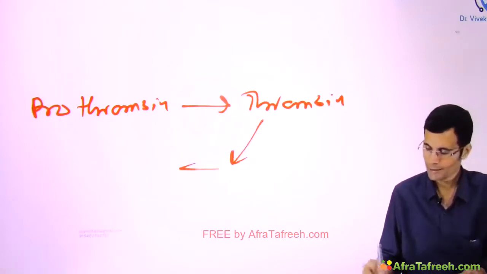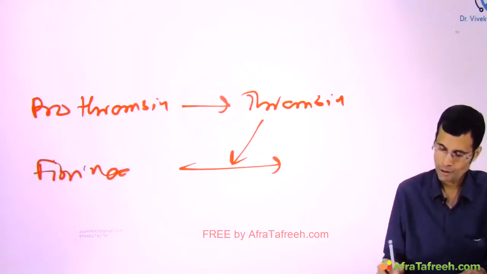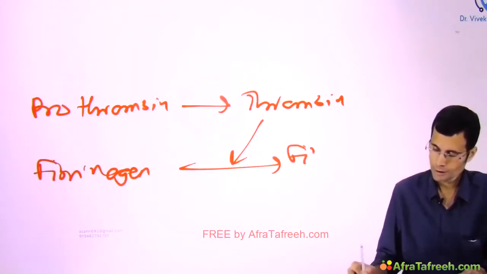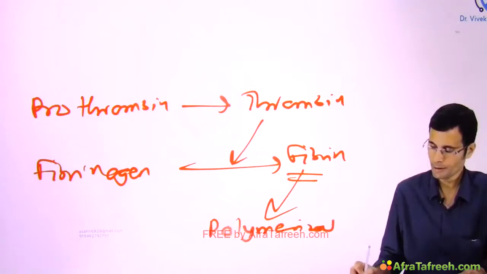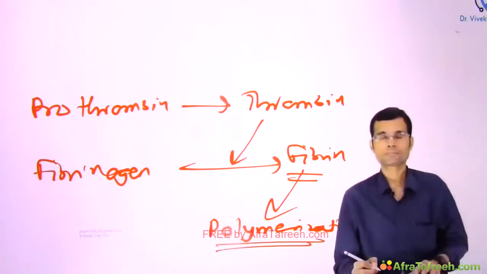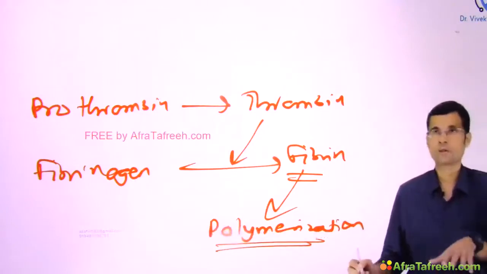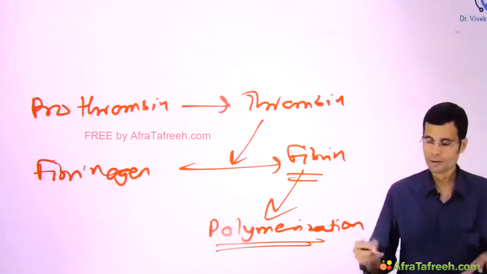Then thrombin acts enzymatically on fibrinogen to convert it into fibrin monomers, and then polymerization of the fibrin with cells getting enmeshed. That's the clot formation. So 3 essential steps in which the clot formation occurs.